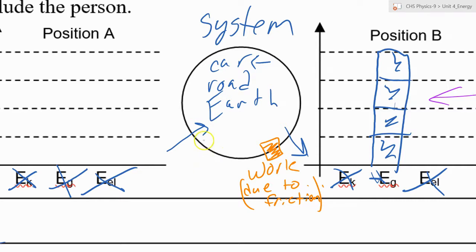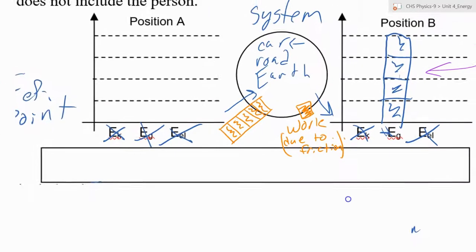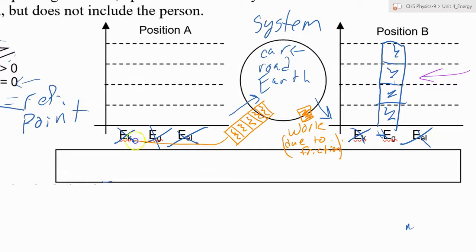So the number doesn't matter, but the total amount does, because it just has to be the same. So 1, 2, 3, 4, 5. And then I kind of am running out of room over there, so I'm just gonna say that this is the work from the person.